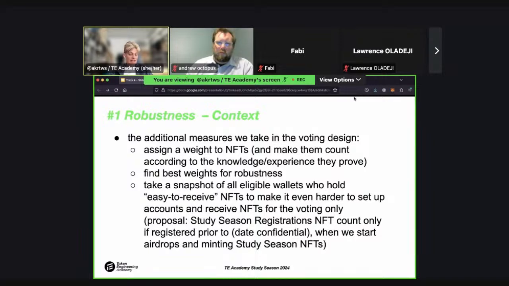And we make this deadline early enough to reduce the likelihood that malicious actors acquire NFTs afterwards, just for the voting. Makes sense? And we can keep this deadline, this snapshot, confidential, of course. We can also be transparent about it. This is all part of our conversation in the voting design.